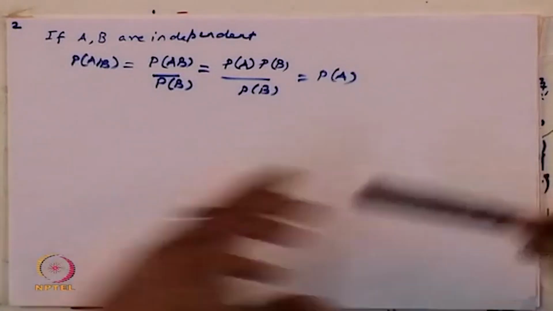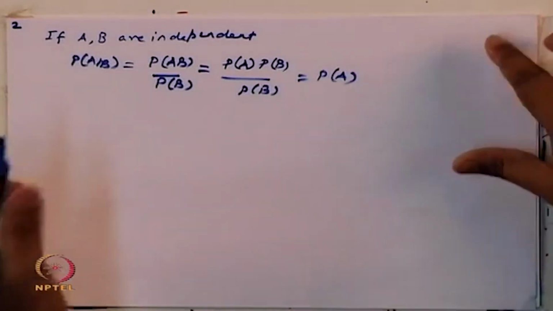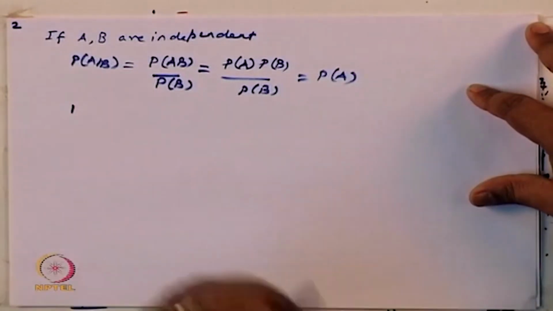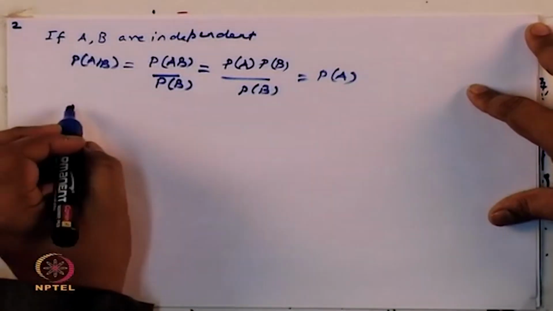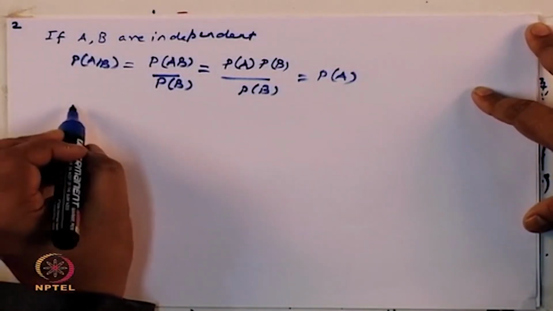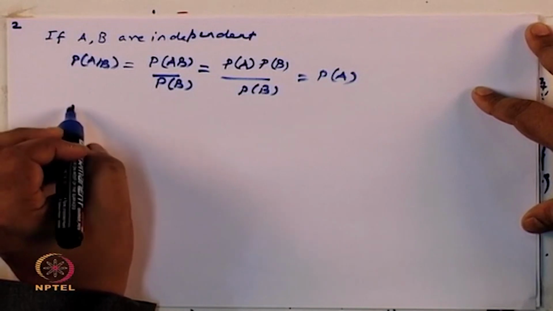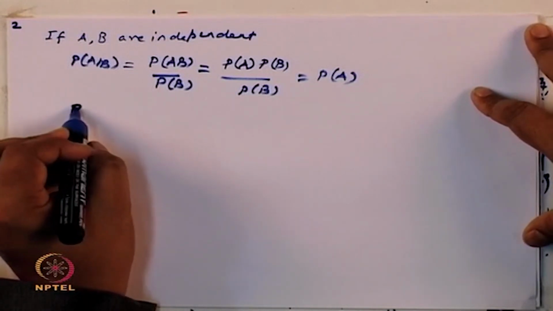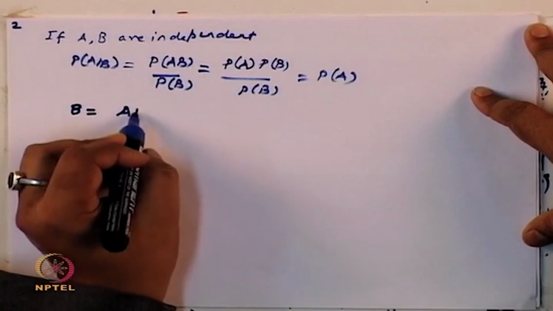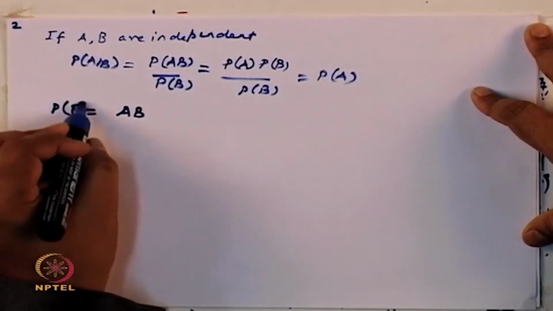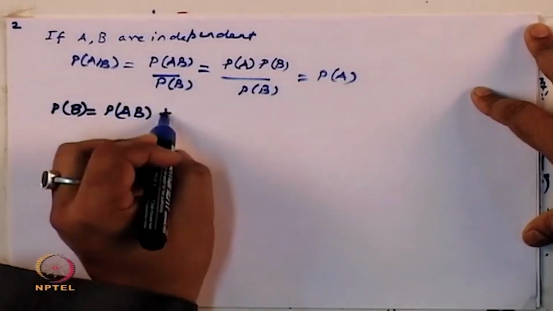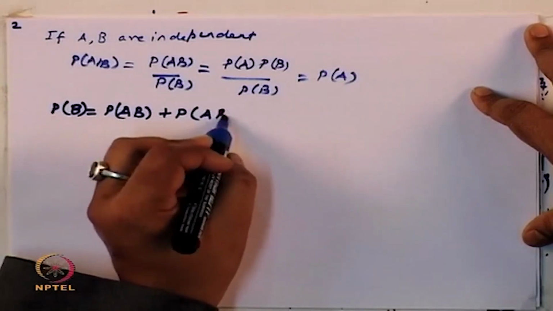Let me take a different pen. One more thing. Let us say A and B are independent. I can write B is equal to A B union A B complement. So, probability of B is equal to probability of A B plus probability of A B complement.